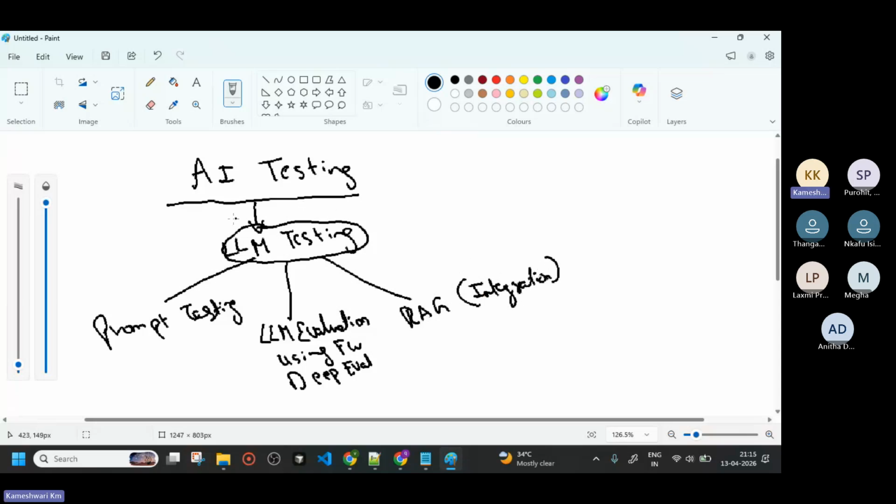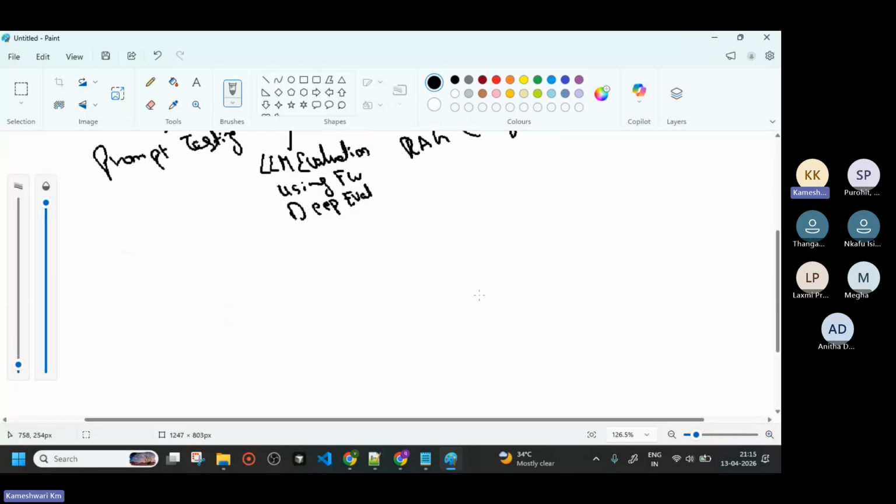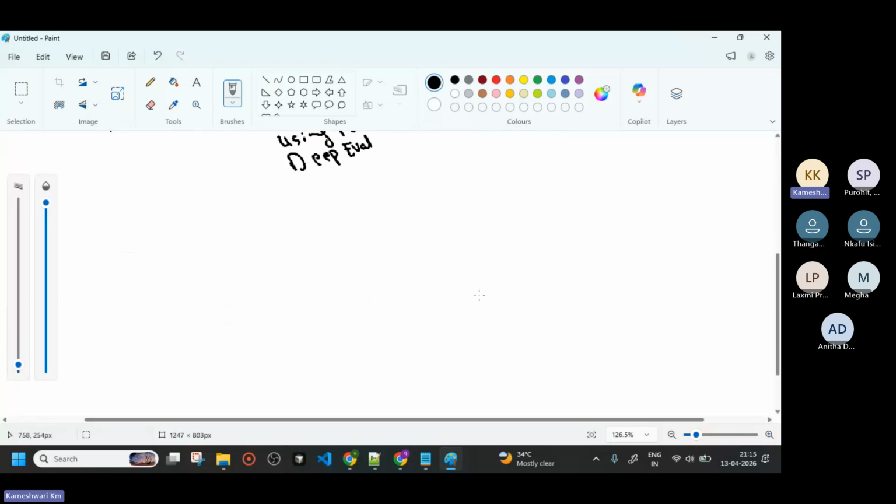We have completely finished prompt testing. Today or tomorrow we are going to complete LLM evaluation using the framework with DeepEval, and then RAG integration. Now we need to understand the terminologies. The first one is tokenization.